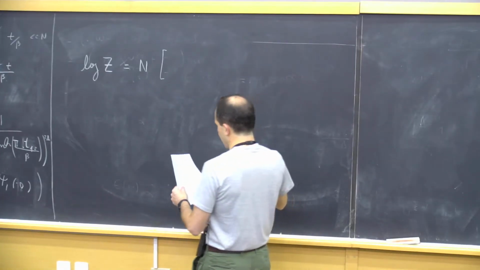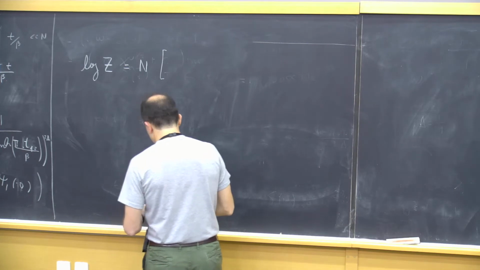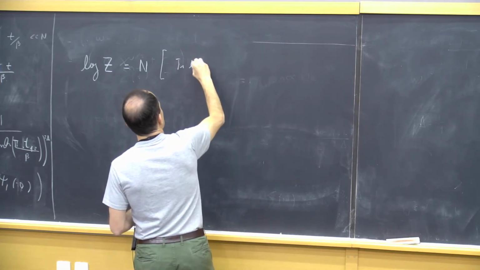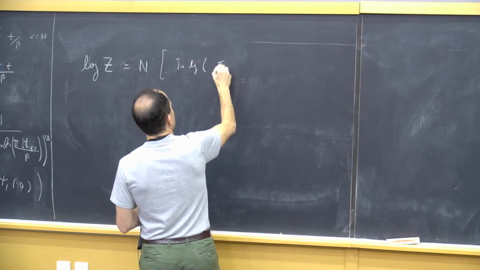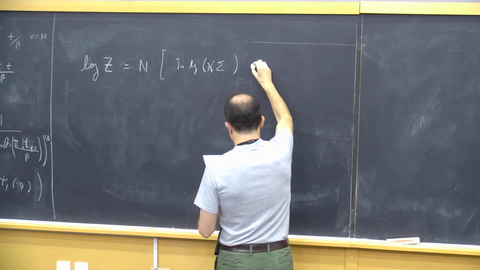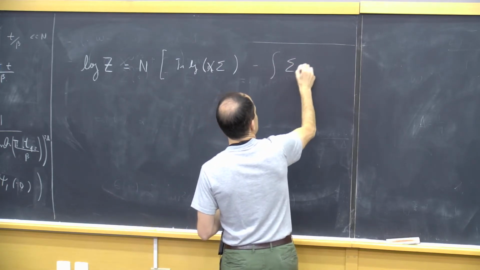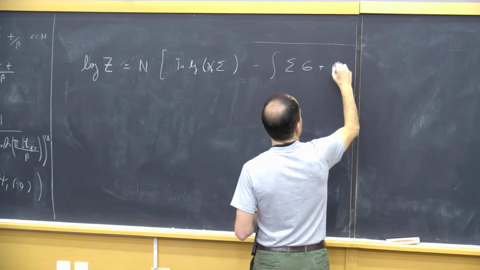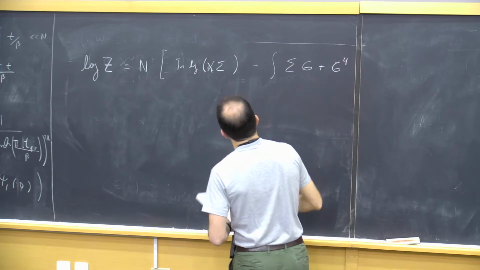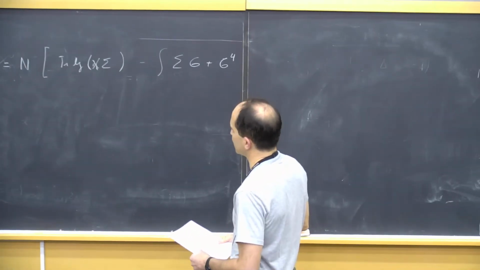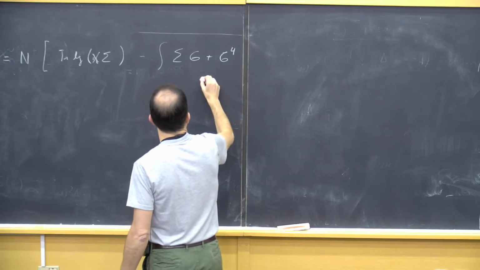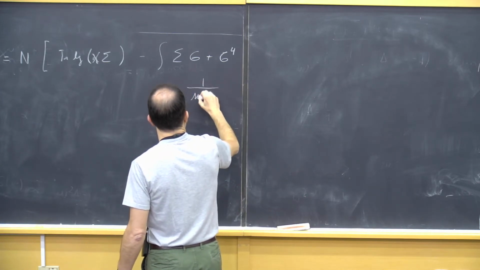Remember the action: we had the trace log of sigma. Here there was a dt minus sigma, but we are neglecting the dt. And then there were some terms that had a G sigma and then G to the 4th. So it's a simple matter to put this into this action. So let's say, for example, here we get something that goes like 1 over sine.